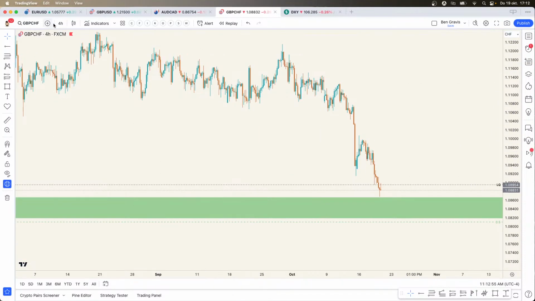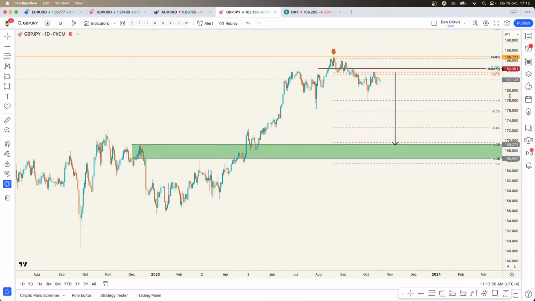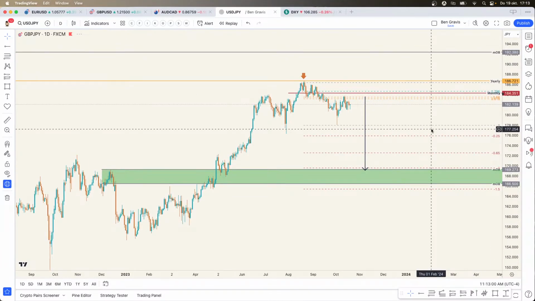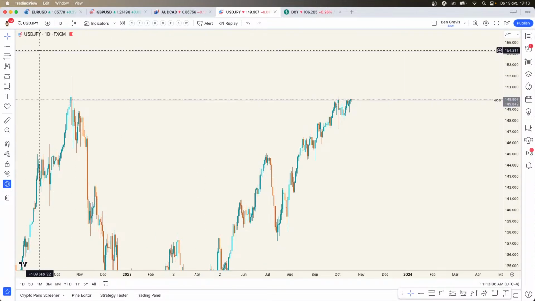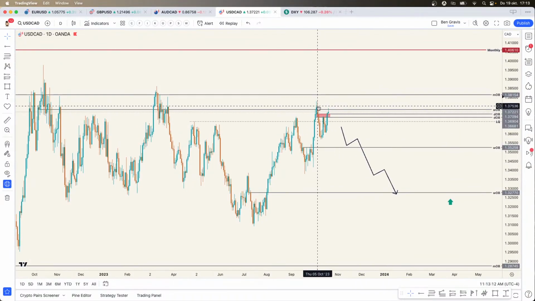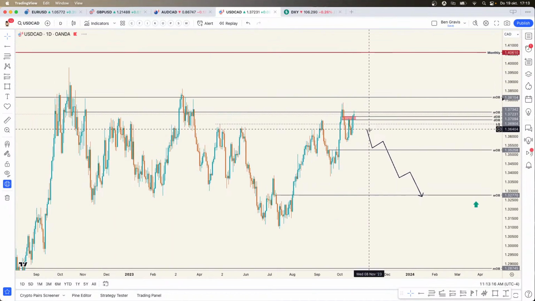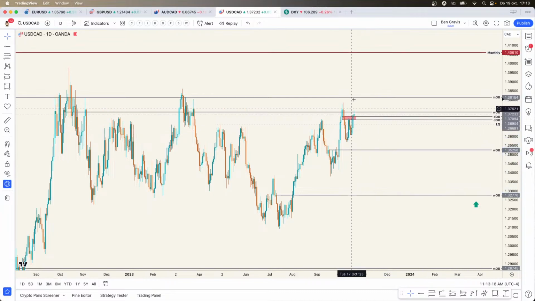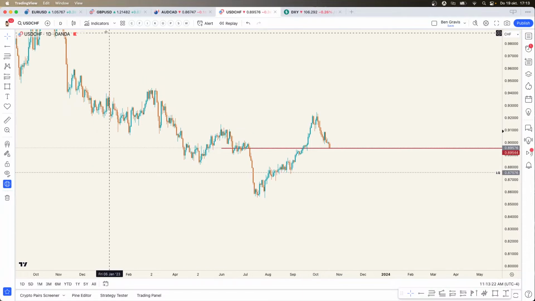But we have to wait for a slowdown as well. This one is having a hard time, not really interested in trading. Australian dollar, USD Canadian, sorry. Still bullish, we have to wait.